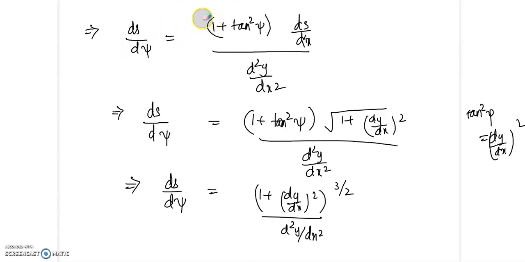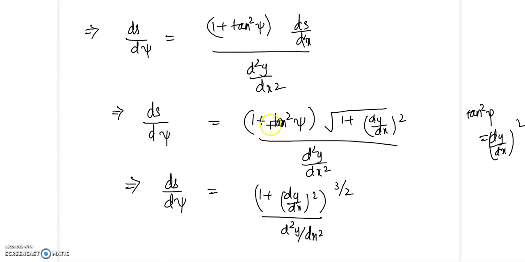So that will give us d psi by ds, so take the reciprocal. Okay, so we need to find the radius of curvature. So we have d psi by ds, that will be equal to the curvature. Radius of curvature is the reciprocal of curvature.